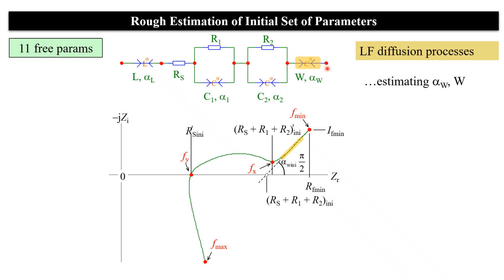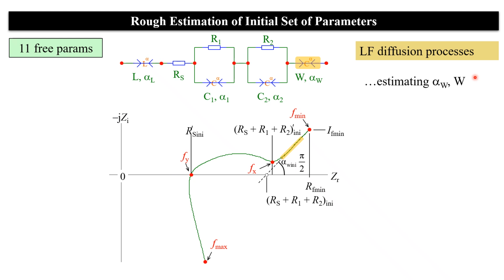We start with the low-frequency diffusion process modeled by a constant phase element of Warburg type with the fractional order alpha W parameter and the Warburg capacitance W parameter.